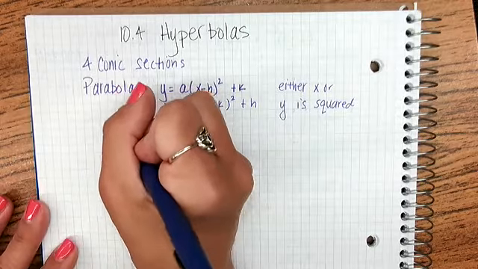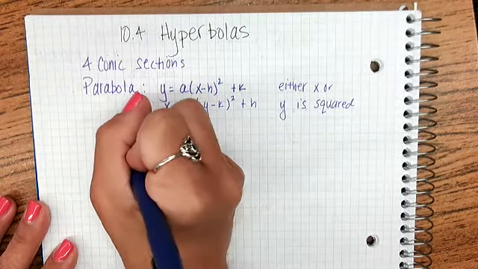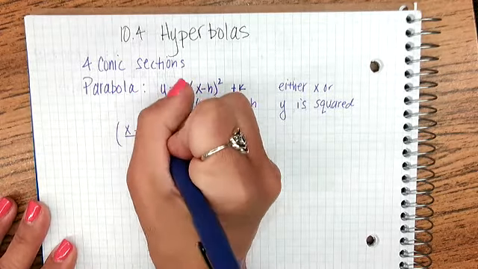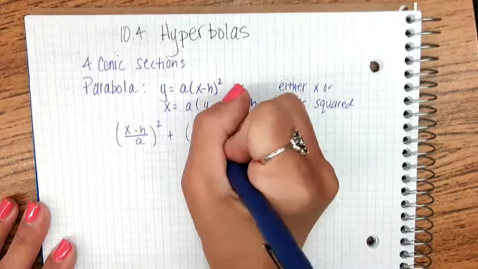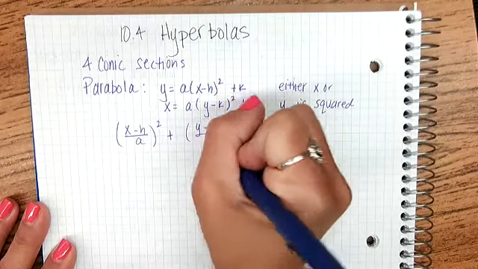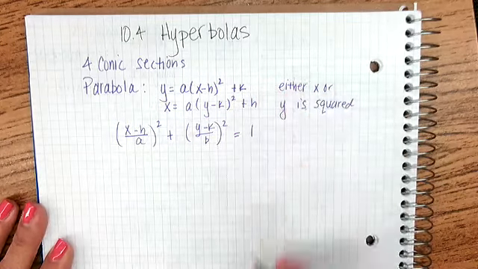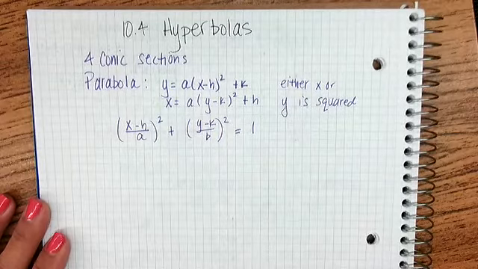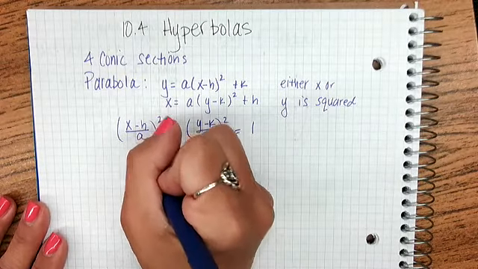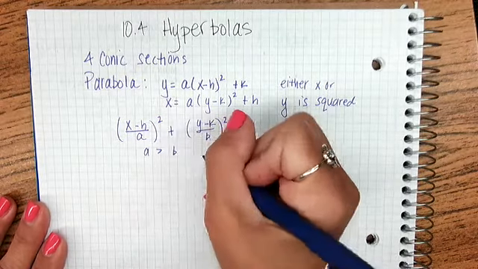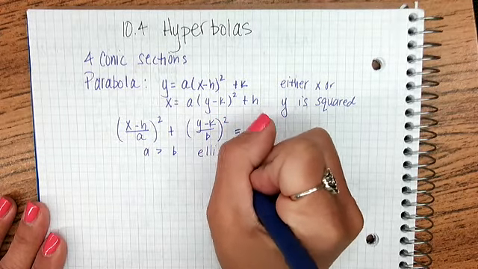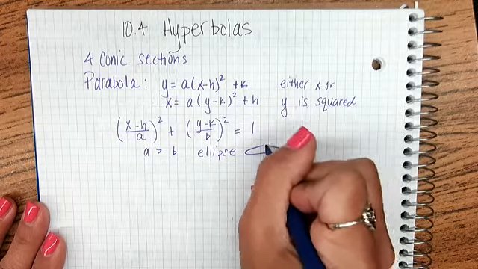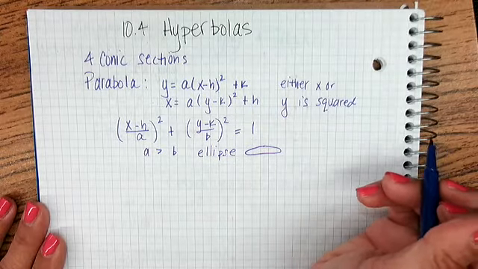You have something like (x minus h) over a, quantity squared, plus (y minus k) over b, quantity squared, equals 1. If a is greater than b, then you have an ellipse, which is wider than it is tall.